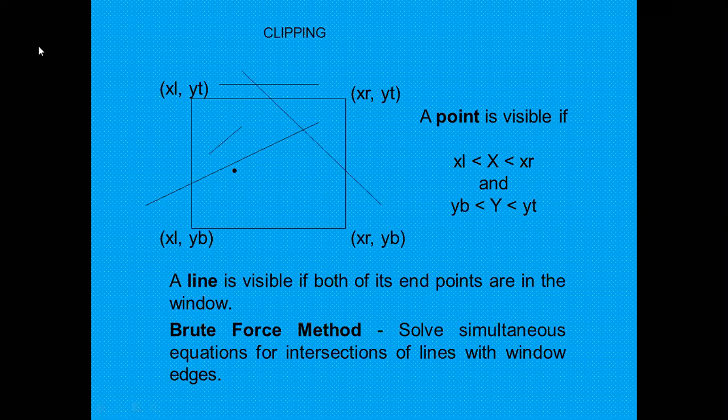We apply some testing method to check whether that particular line or segment lies inside or outside. For that we use a number of algorithms. Now, in this case, we are going to do the clipping. Clipping means just removing the unwanted portion of that particular line.